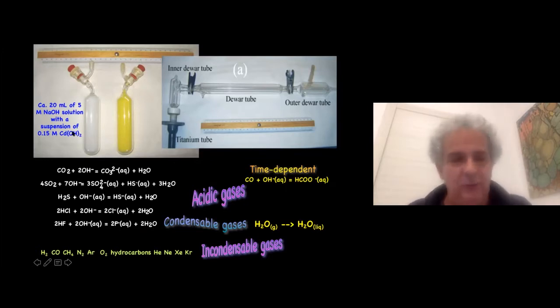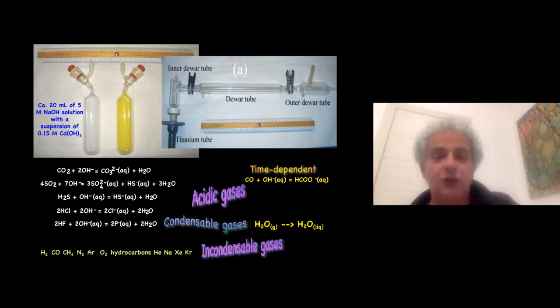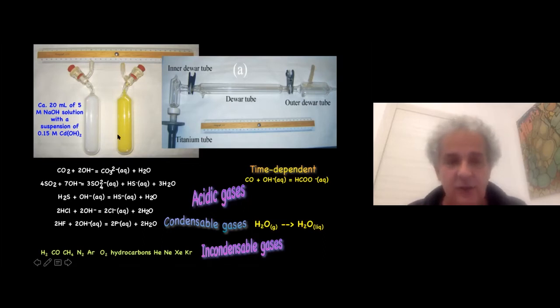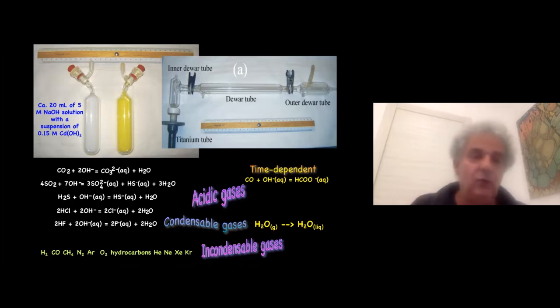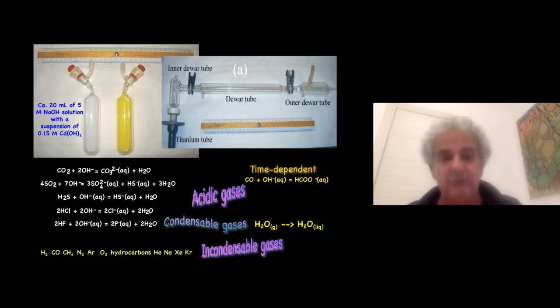We add this cadmium because cadmium is going to trap the sulfur related to H2S to form cadmium sulfide. And you can see the difference in color between the pre-sampling gas vial and the post-sampling gas vial. Basically, the yellow color is related to the presence of H2S that reacts with cadmium to form cadmium sulfide.